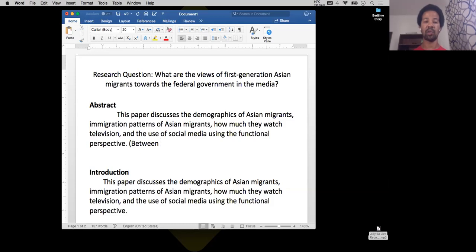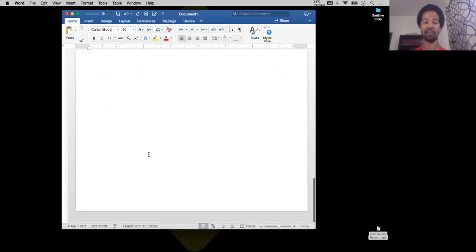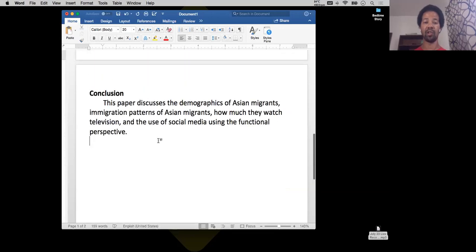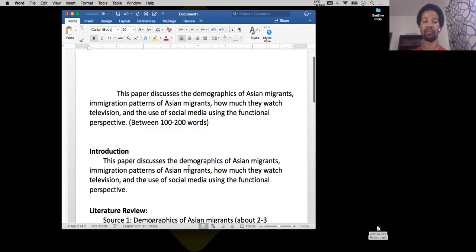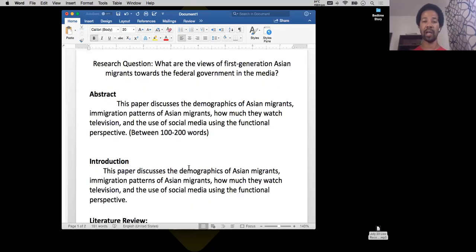So it should be between 100 to 200 words. That is it. Nice, short, and concise. After the conclusion, works cited. So that's how I write a paper, for the most part.